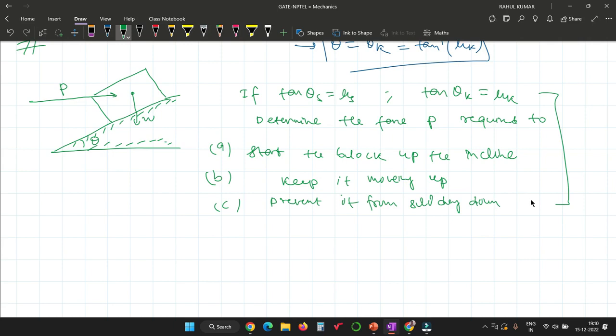I'll give you 2 minutes. It is to start the block up the incline.